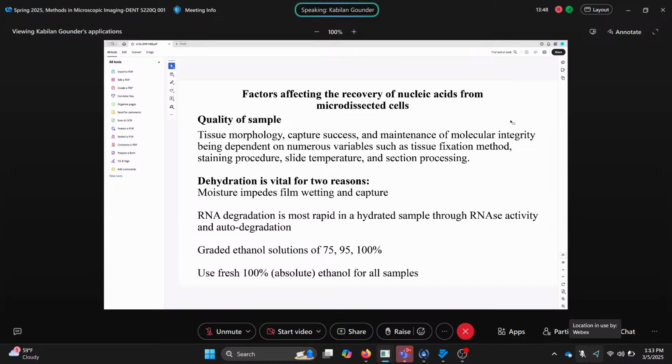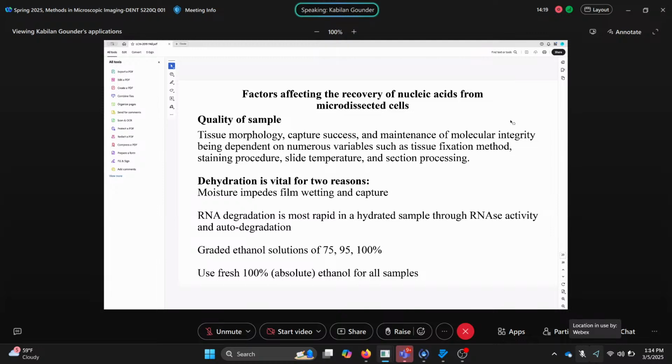So the transient temperature is important, because that helps to melt the tissue samples. If the sample is wet, if you are not properly dehydrated, once it touches the samples, the transient heat will be immediately cooled down, or it evaporates the tissues.